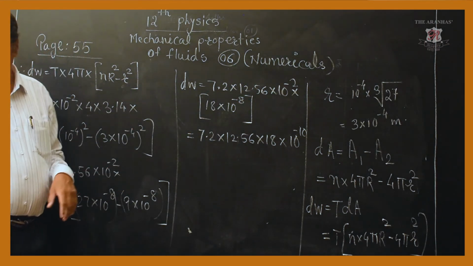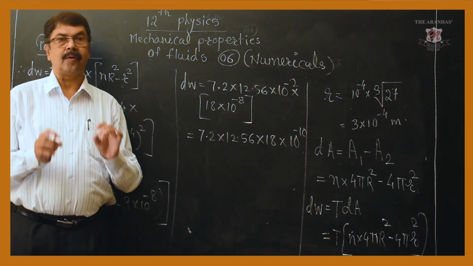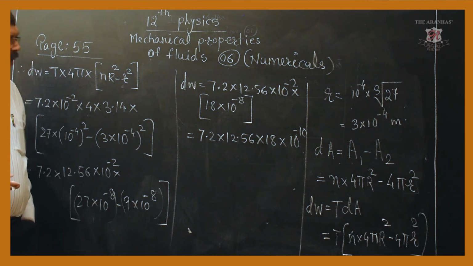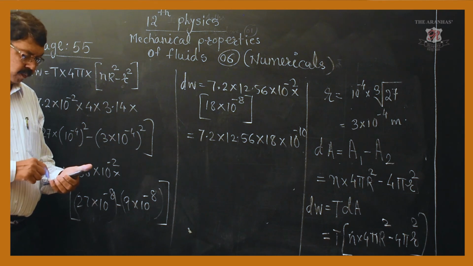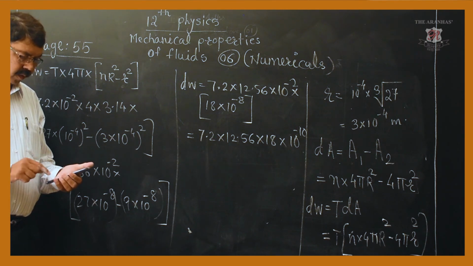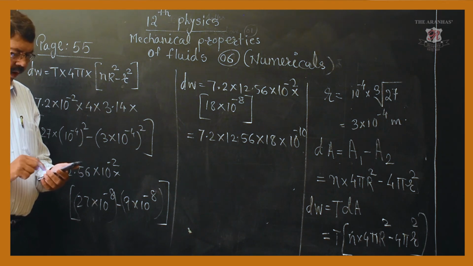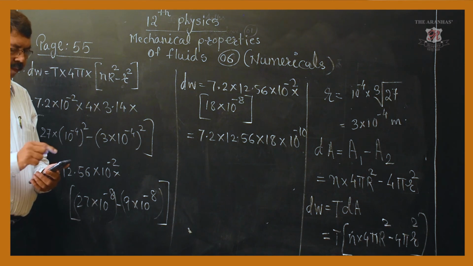Now this calculation is to be done by you in the exam using log table. Here I am going to use my calculator in order to save time. But in the exam, you will have to find a way in which you can do the calculations easily.